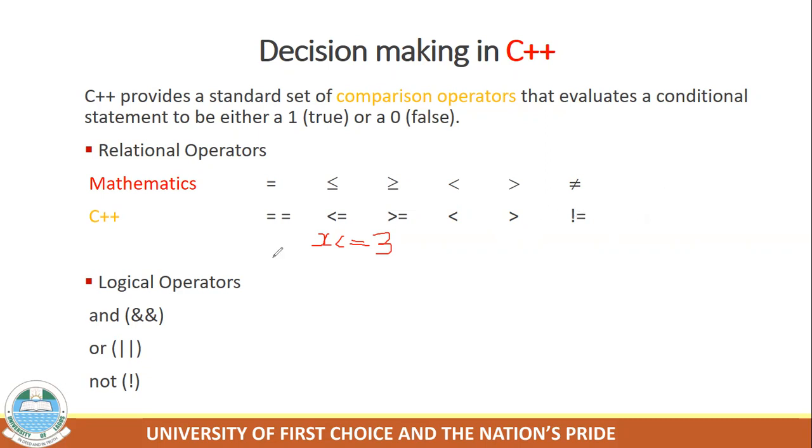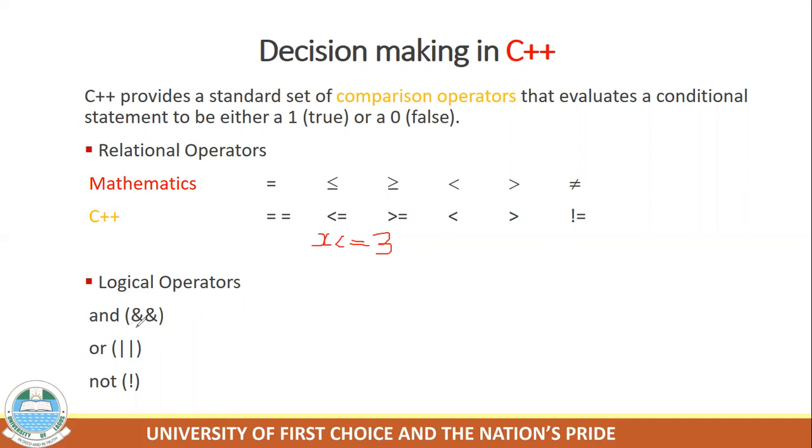Now, sometimes we want to make some logical comparison. So you need your logical operators. Your operators help you to evaluate two or more variables or conditions. So you have your AND operator, which is represented by the double ampersand.